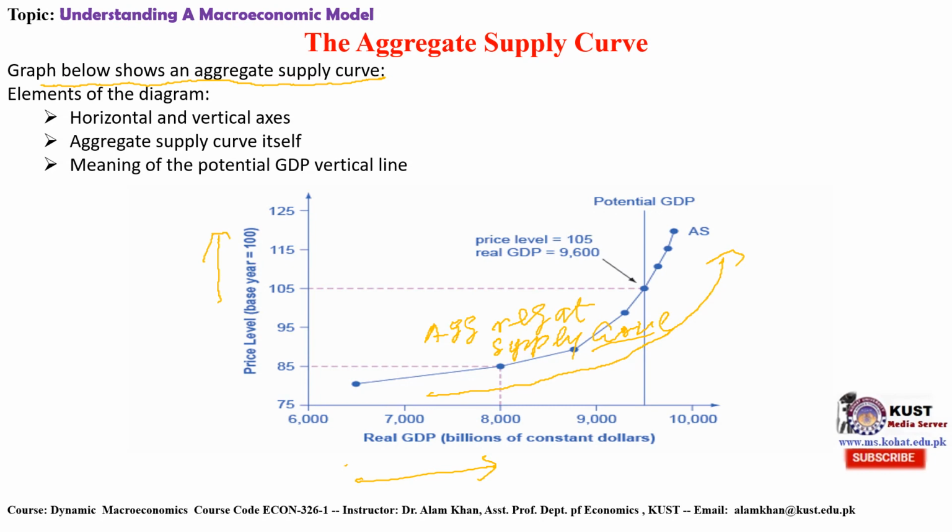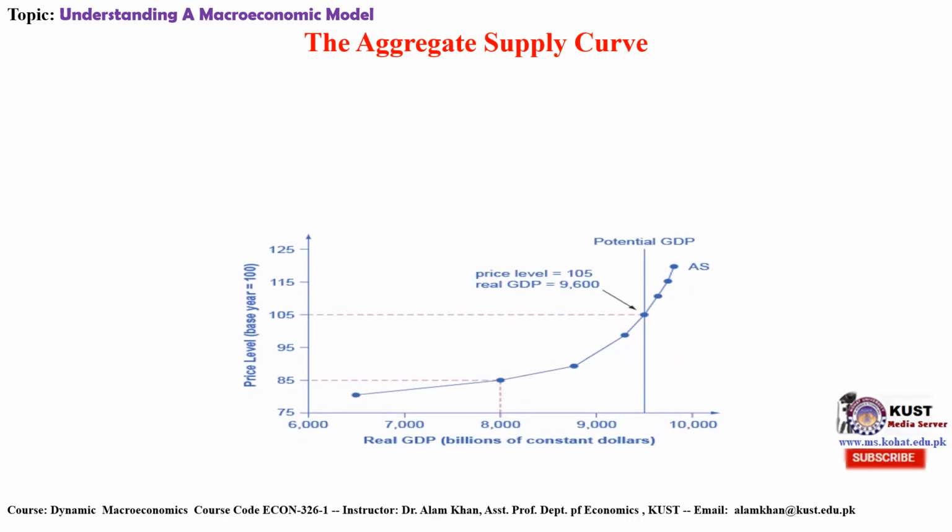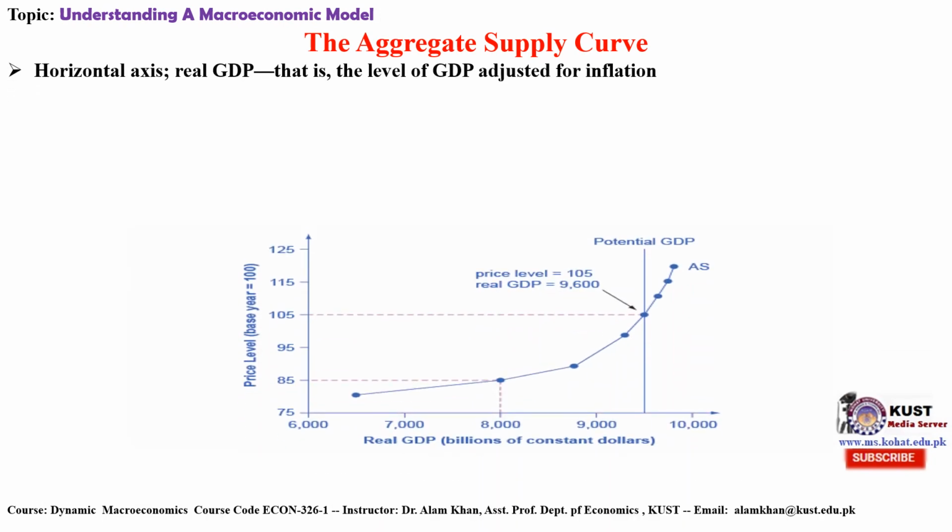Potential GDP is on the vertical line. The horizontal axis measures the real GDP, in billions of constant dollars in this US-based economics book. So this is the level of GDP adjusted for inflation.